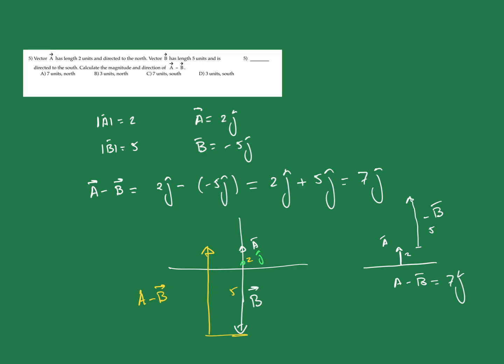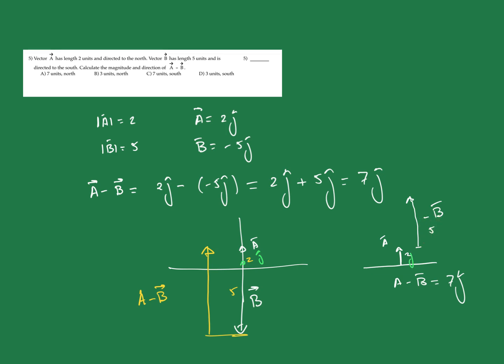I hope it's clear. The other way to look at this problem is that the vector A is 2j, and the vector V is minus 5j, but the vector minus V is 5j.